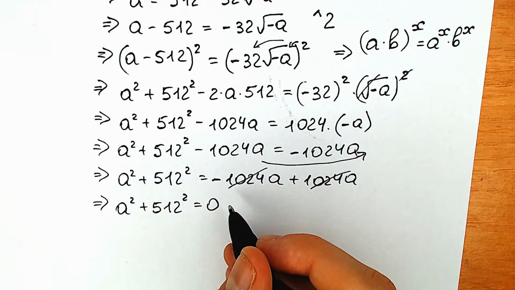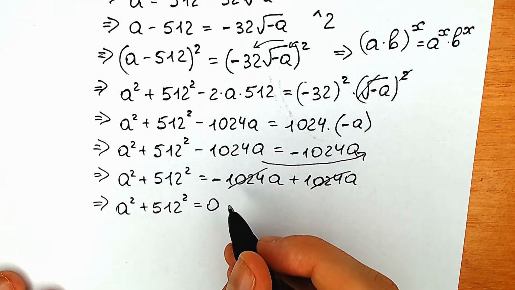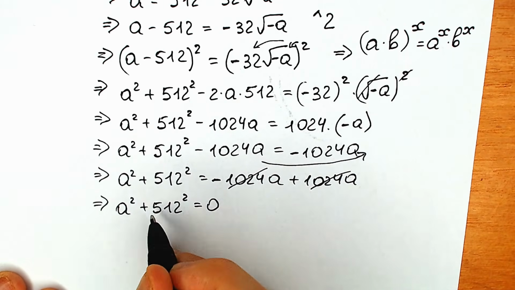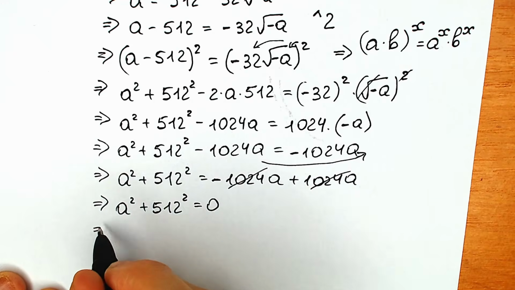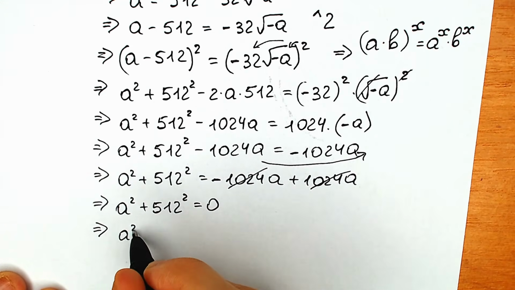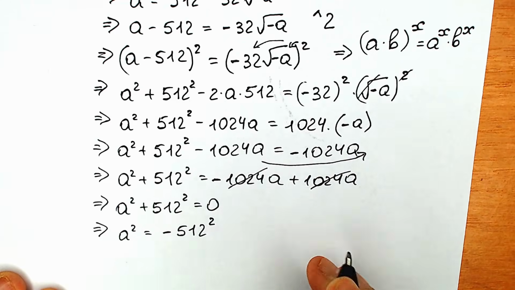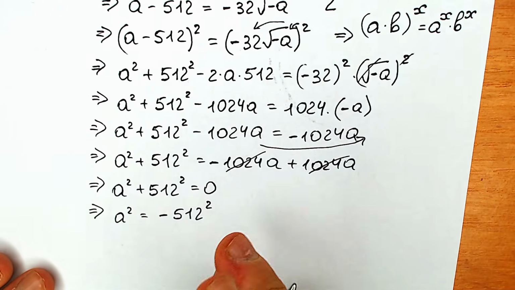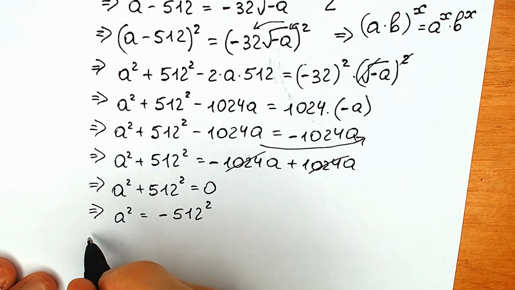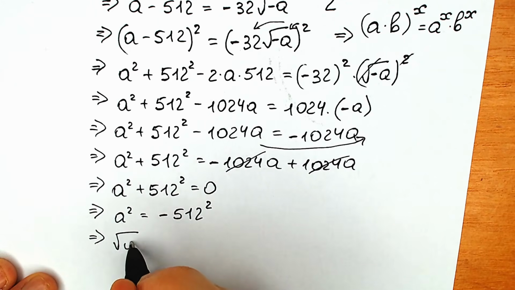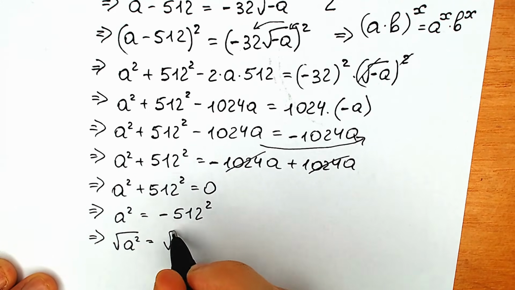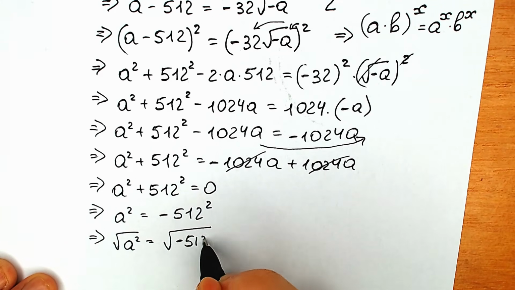So right now we can easily find our root. First of all, let's write this expression on the left side. So as a result, we have a square equal to minus 512 square, and right now let's take square root on both sides. As a result, we have square root of a square equal to square root of minus 512 square.